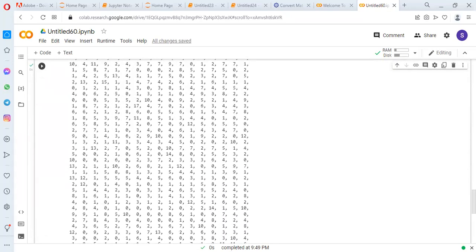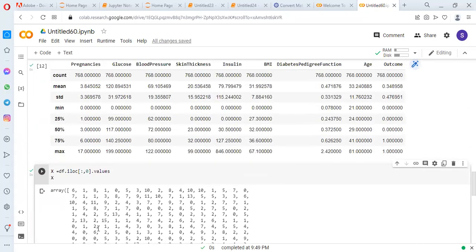What is meant by iloc? iloc is basically a function which is used for preparing a data set. If I want to use a data set, I have to use this iloc function.